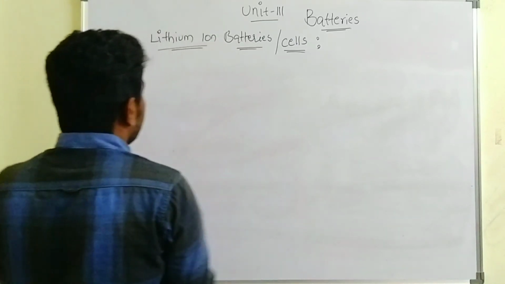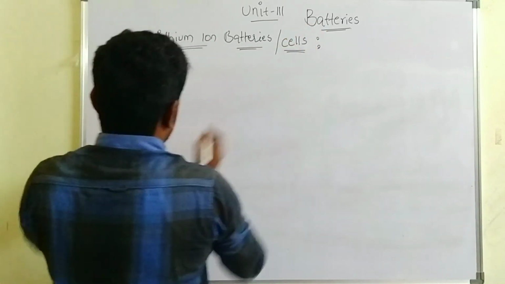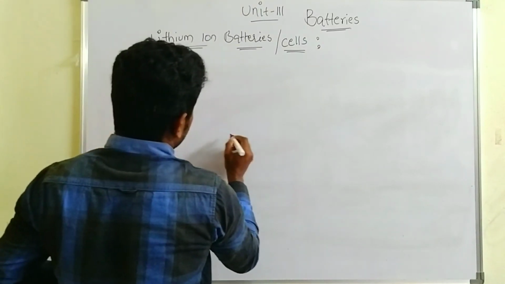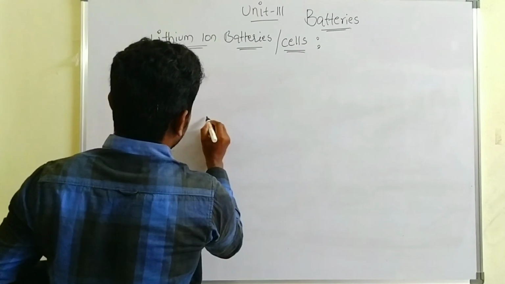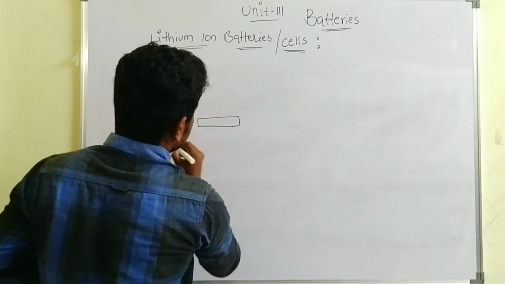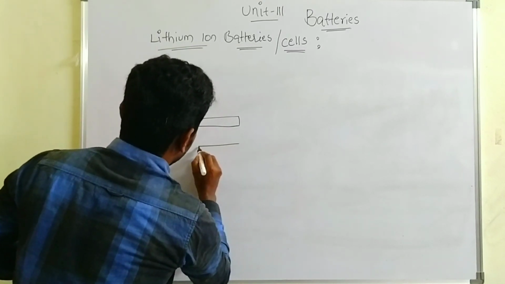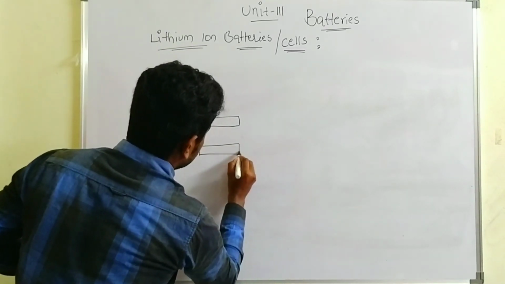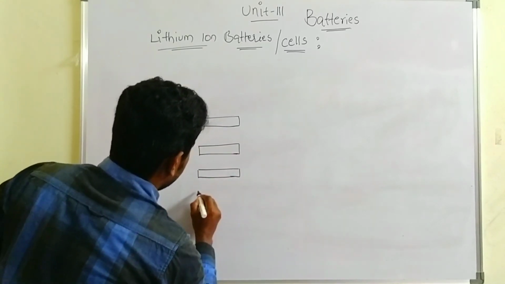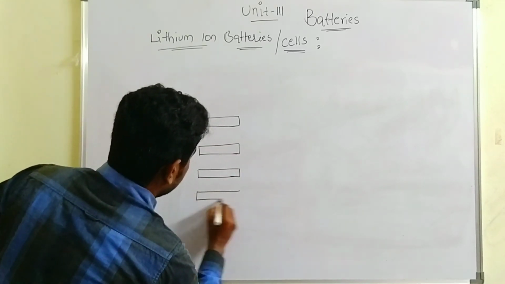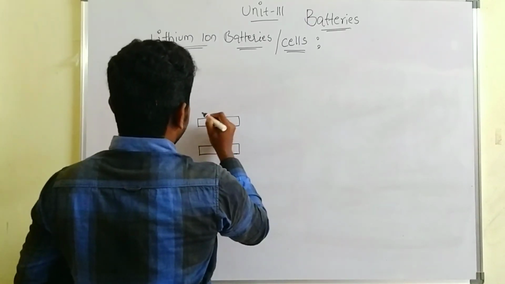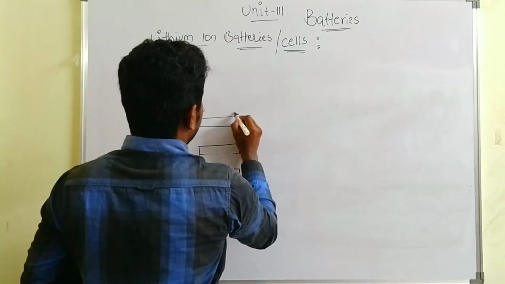If you see the construction, we will check the simple construction of the lithium ion battery. Just observe how I am going to draw it. Here we are going to draw the layer type of structure for the anode.